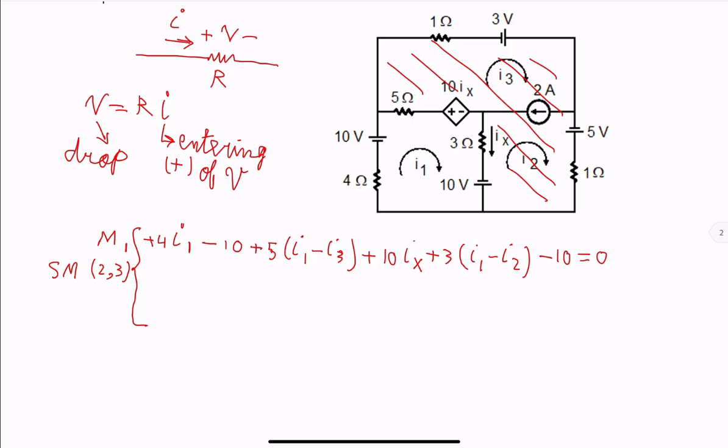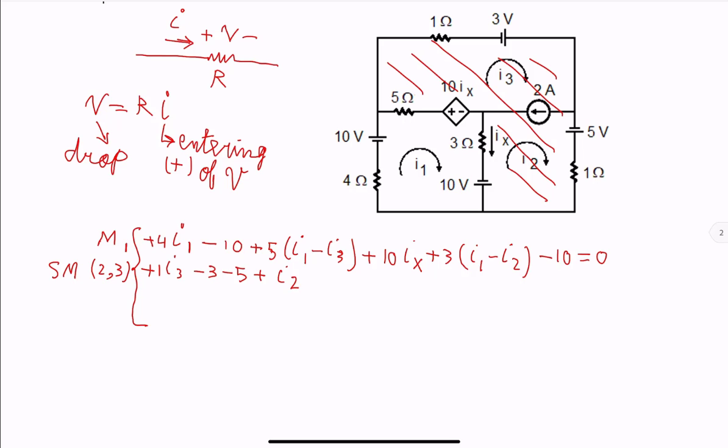First term, on the top we have 1 ohm, so positive 1 current through that is I3. We see the negative terminal of the 3 volt source, so minus 3. Go straight down. We're looking at negative side of 5, so minus 5. Plus 1 ohm in the direction of I2, so I2.